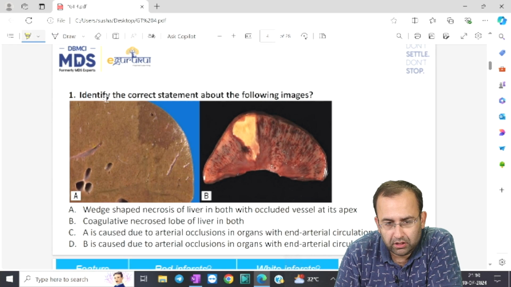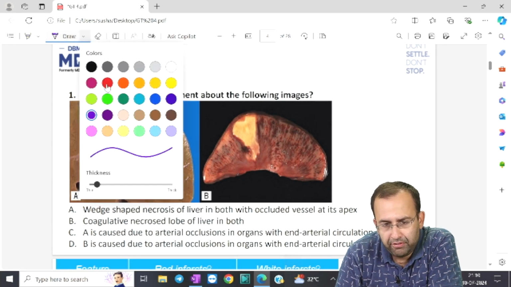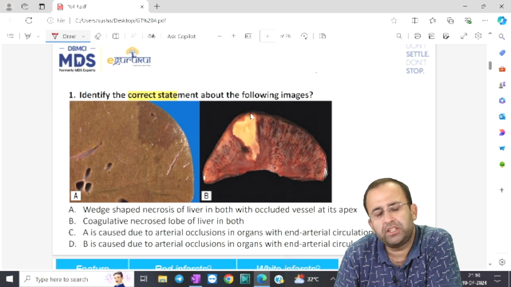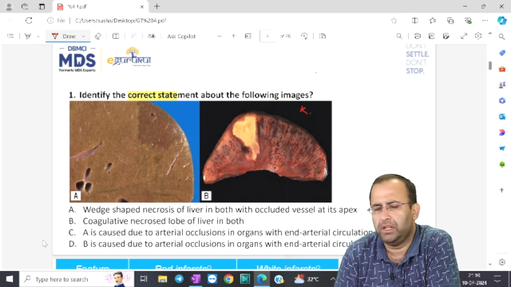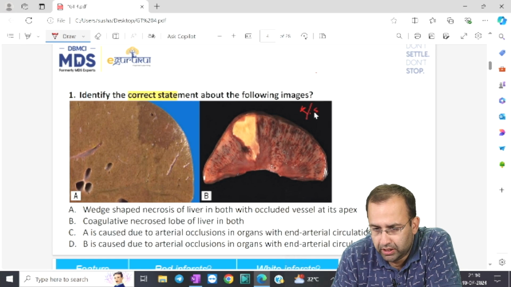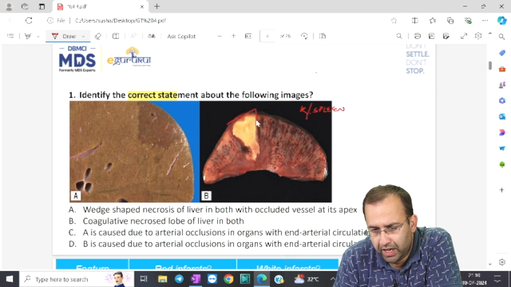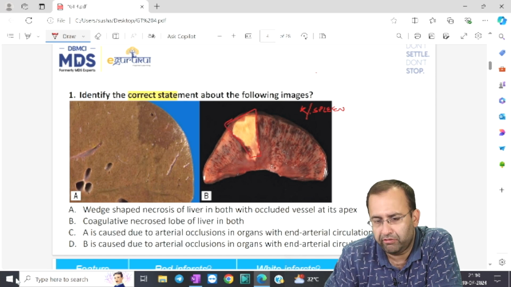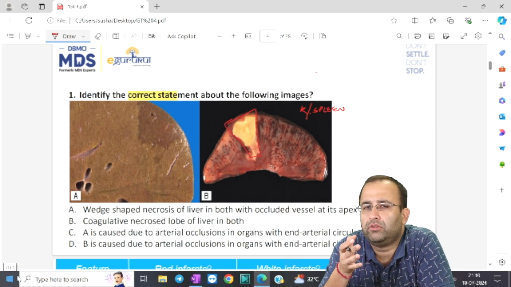Identify the correct statement about the two. The minute I see this, I am very comfortable with the second image. It is a kidney, it can either be a kidney or a spleen, showing the presence of a well-defined wedge-shaped infarct. We have discussed the exact image in class also.